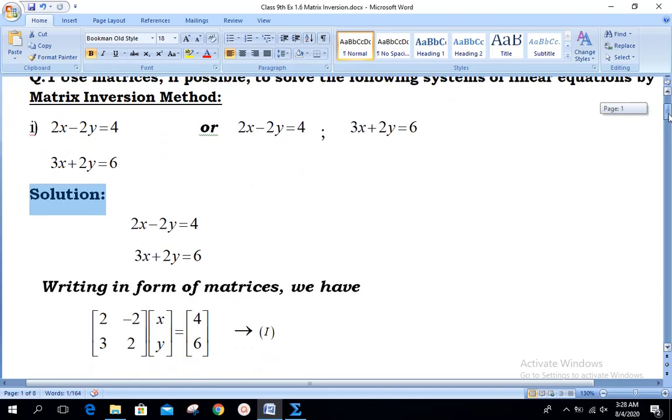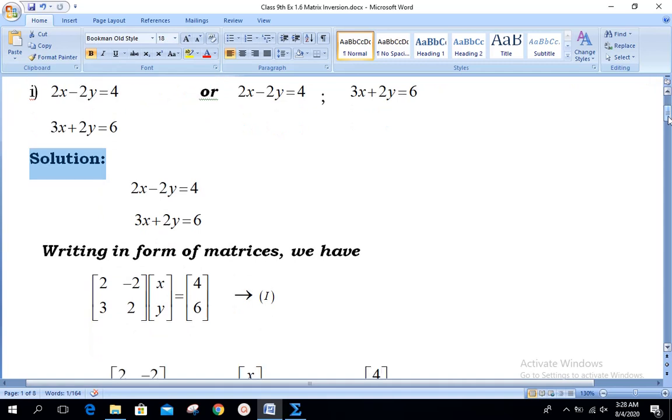Our first step is to write the given equations in matrix form. So writing in the form of matrices, how are we going to write here? This is very easy and very interesting. See the first equation: the coefficient of x is 2, the coefficient of y is minus 2. So 2 and minus 2 become the two entries of the first row in my matrix.